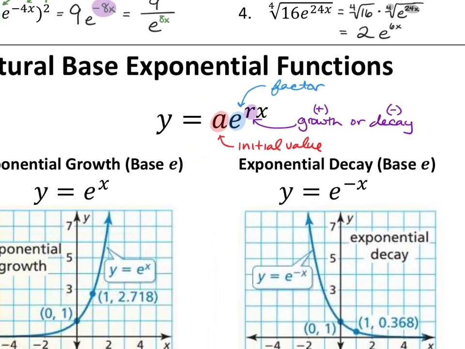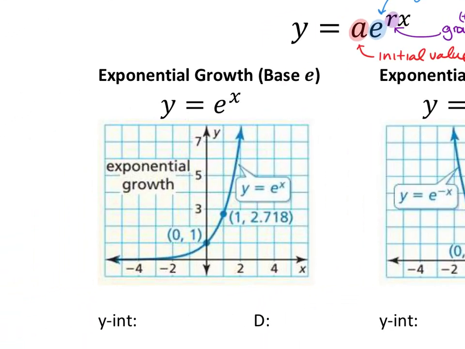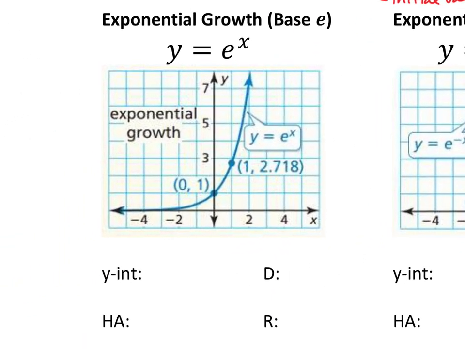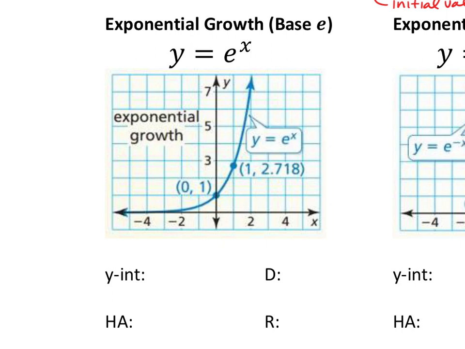So here's what the graphs might look like. We have our exponential growth with base E. For this one, because there is an invisible 1 in front of E, my initial value is at 1. So that is my y-intercept, (0, 1). This is the parent function, air quotes, for exponentials.